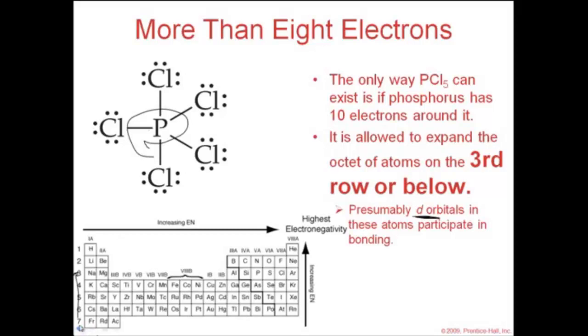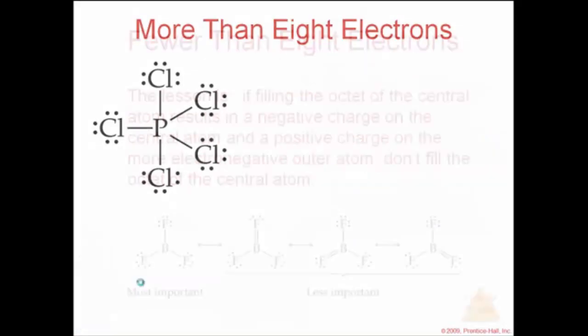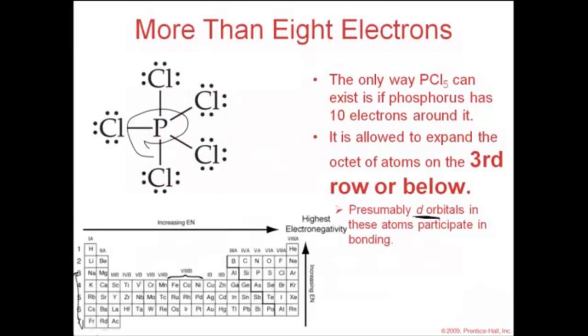When we say 3 or below, we're talking about below it in the periodic table, not lower than 3 in number, right? So it's got to be at least the 3rd row, and phosphorus is the 3rd row. There are d orbitals here. They're not filled, right? But that's okay. So this only happens when you have an element that can handle an expanded octet, which means it has d orbitals, even if they are empty.